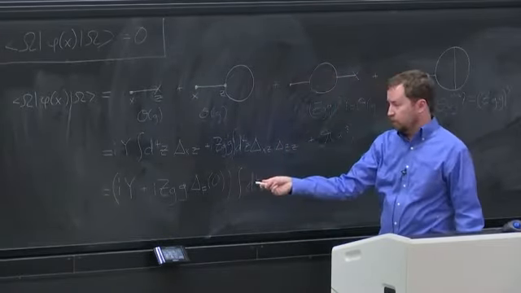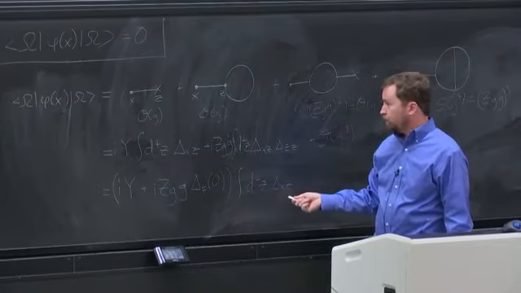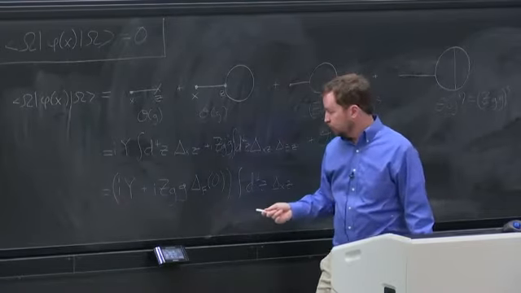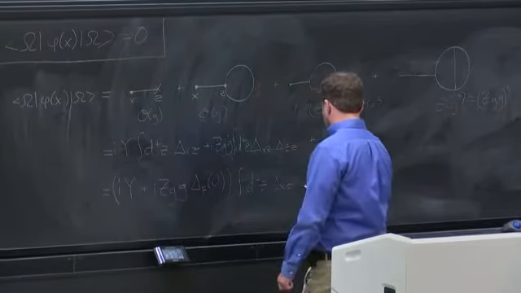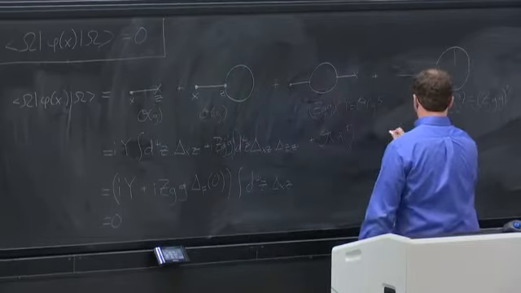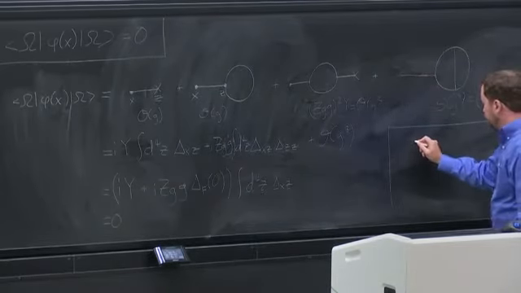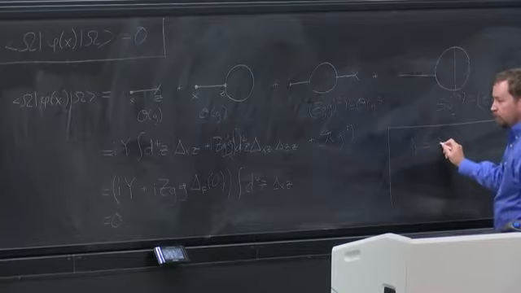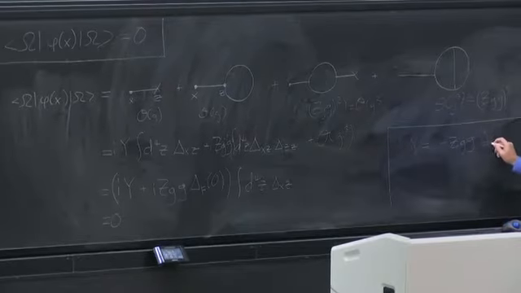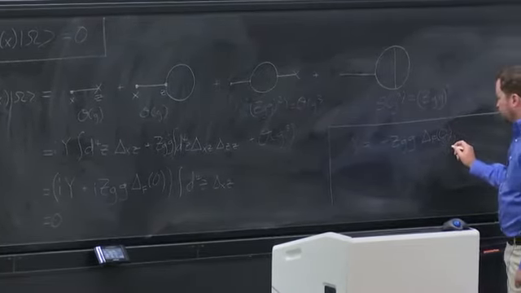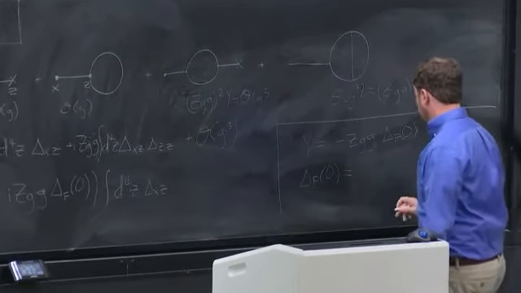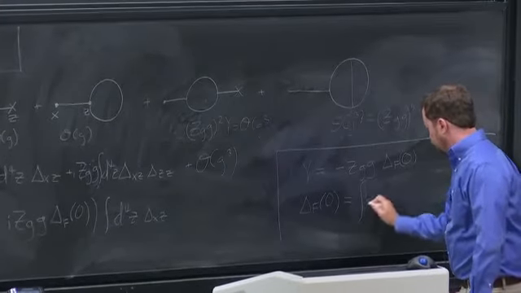So if we want this to be 0, this prefactor should be 0. So we should have this equal to 0. That tells us that y is equal to minus G times the Feynman propagator at 0. But the Feynman propagator at 0 is the integral.